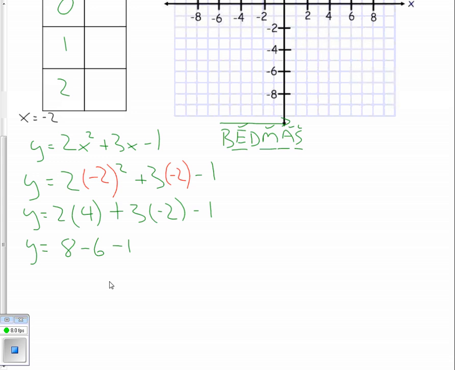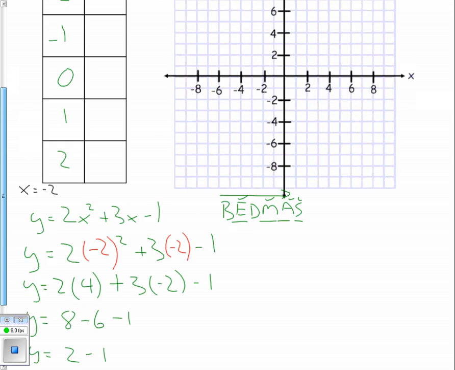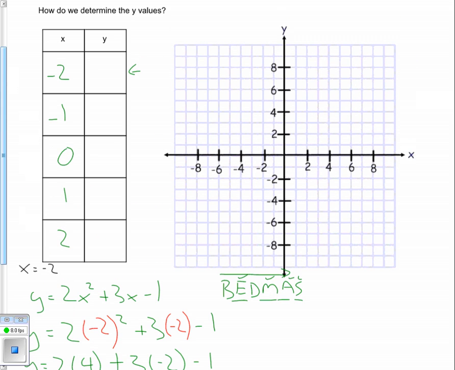So my addition and subtraction piece, I've got 8 minus 6 is equal to 2. 2 minus 1 is equal to 1. Okay? So my y value here for the first piece is actually equal to +1. So now that I know what the value of y is, I'm going to plot that particular point.